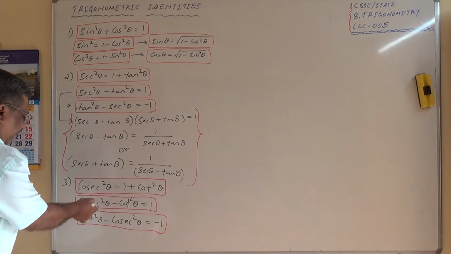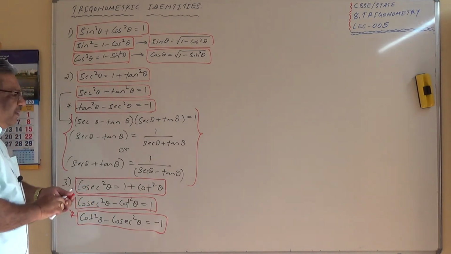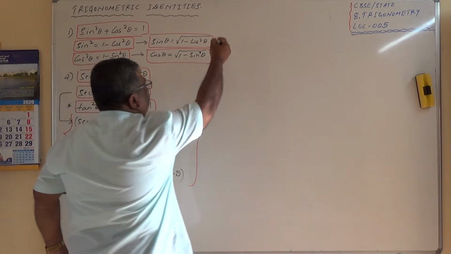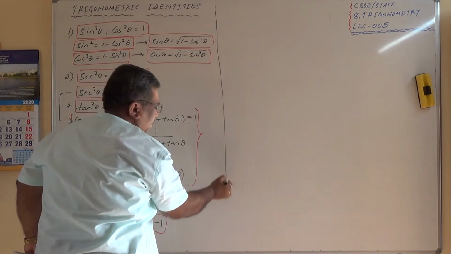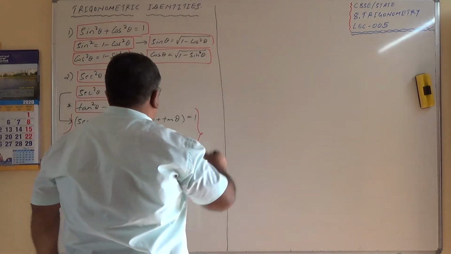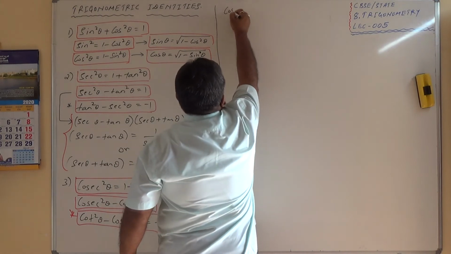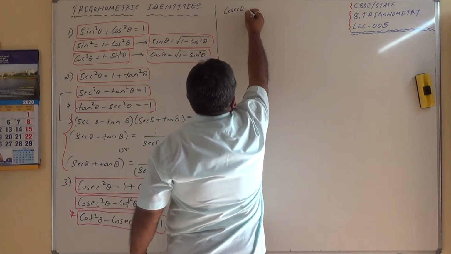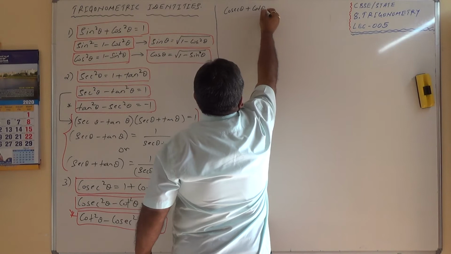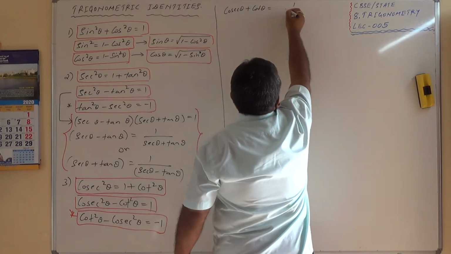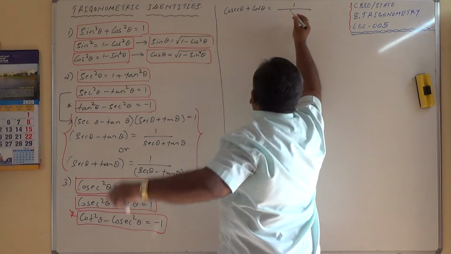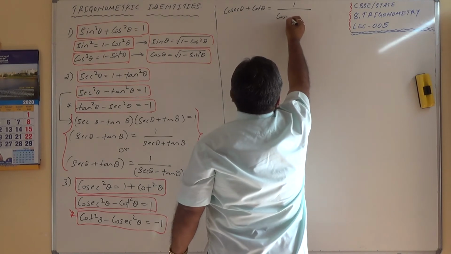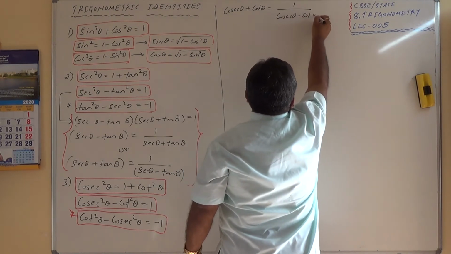And from this, once again, a square minus b square is a plus b into a minus b. Cosec theta plus cot theta equals 1 divided by cosec theta minus cot theta.